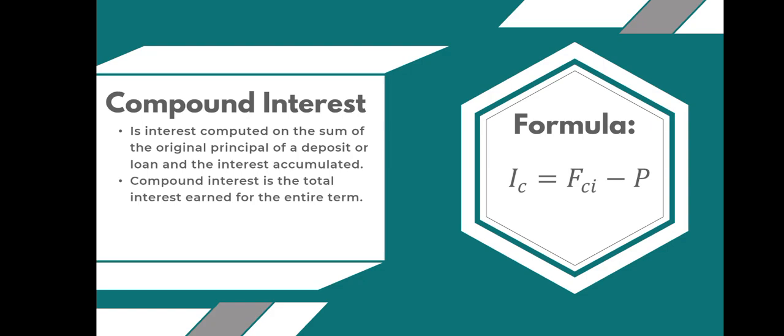So, we have interest or I sub C, which stands for the compound interest, that is equal to the compound amount less the present value or the P. Formula para sa compound interest is I is equal to F minus P, where I is yung compound interest, F is the compound amount, and P is the present value of F.